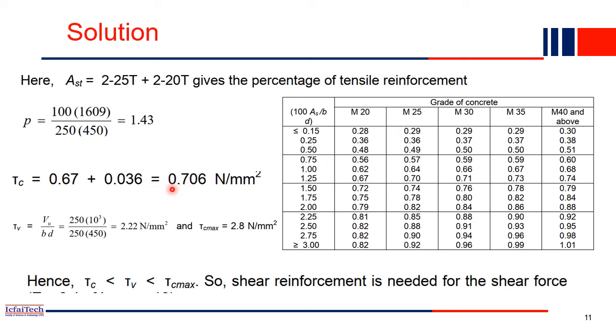So the concrete and the steel can take this much, and the total applied is 2.22. That's why the shear reinforcement, stirrups, has to be provided, because of the extra remaining part, 2.22 minus 0.706. What you will get is 1.5 Newton per mm square. So for 1.5 Newton per mm square shear stress, you have to provide the stirrups.